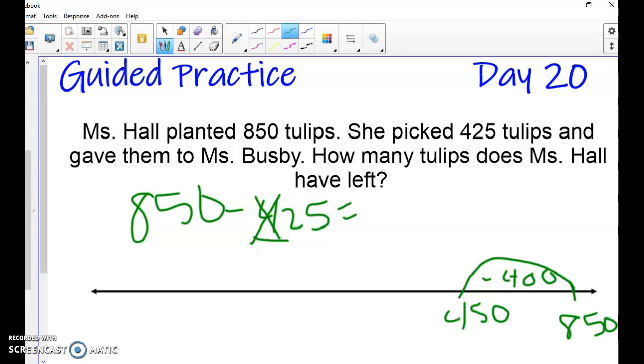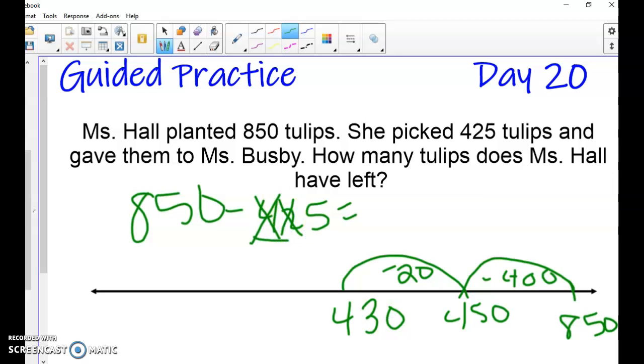Now I need to take away 2 tens. So this time only my tens place is going to change. And I know that 5 minus 2 is 3. So 450 minus 2 tens is 430.